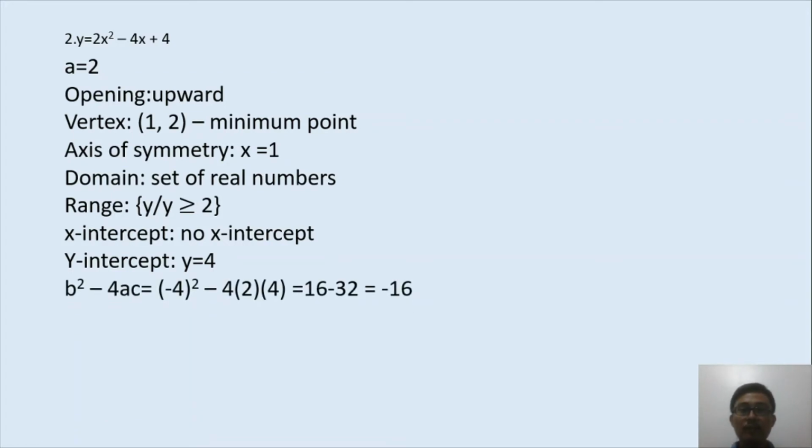So, para lang ma-prove natin na wala talaga siyang x-intercept, sinolve natin yung discriminant, no? Which is negative 16. Since ang discriminant is less than 0, wala talaga siyang x-intercept.